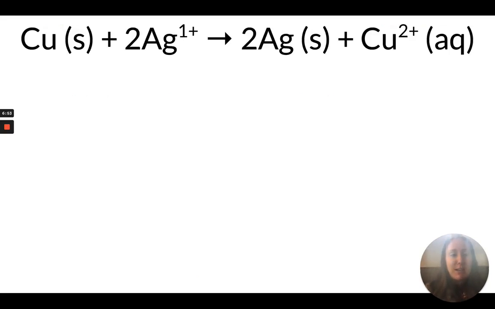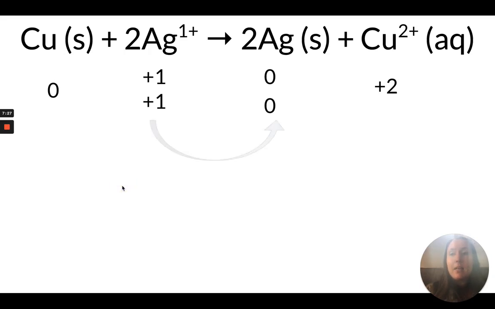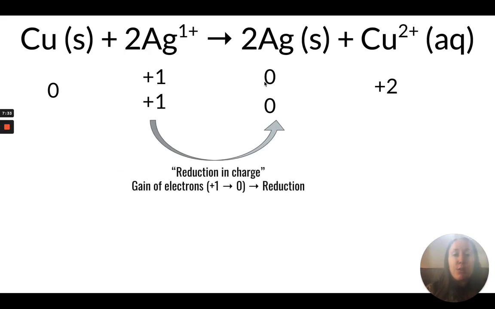So let's look at this reaction a little bit more. One thing we do to figure out oxidation is look at the oxidation states. Copper as a solid and silver as a solid, each a free element by itself, both have an oxidation state of 0. My monatomic ions have an oxidation state that's their charge. So each silver is positive 1, and copper is positive 2 here. What's happening in this process is silver is going from positive 1 to 0, and so this is reduction.